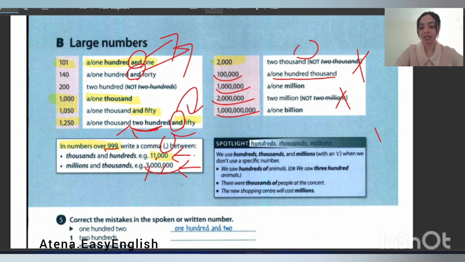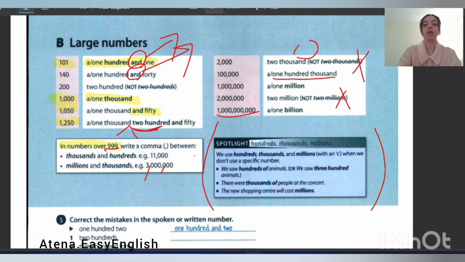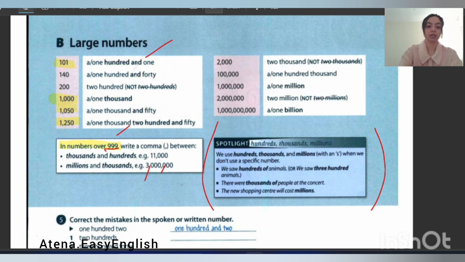Now look at the last part here, this spotlight. So can you remember I told you in the numbers we don't say millions, hundreds, yeah? But look at here when we use it. In this case, I want to tell you when to use s with them.